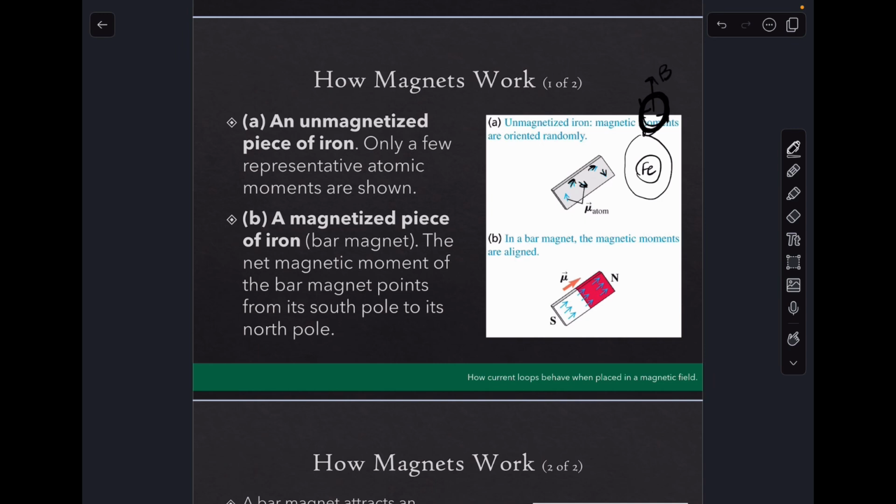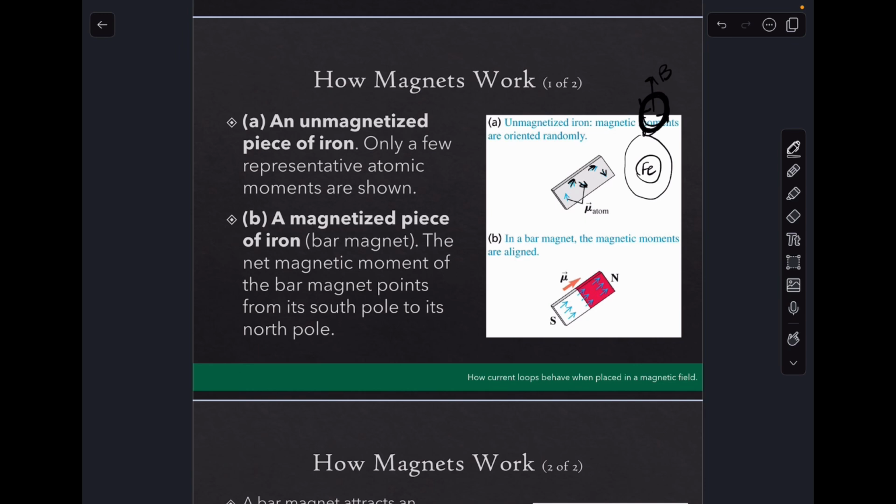And so the magnetic field is coming from certain electrons orbiting the nucleus of the iron atom and other magnetic atoms, okay? But I'm just using iron as an example. And in an unmagnetized piece of iron, so maybe a piece of iron that you find laying around in a metal yard, or maybe a piece of stainless steel or something, right?